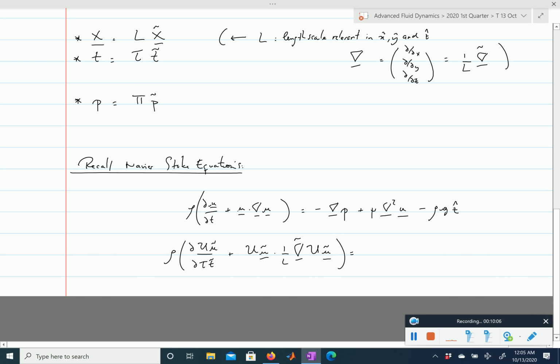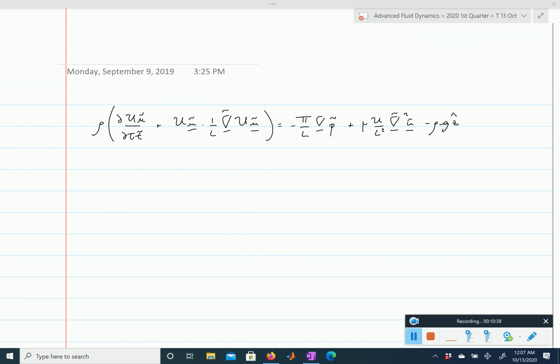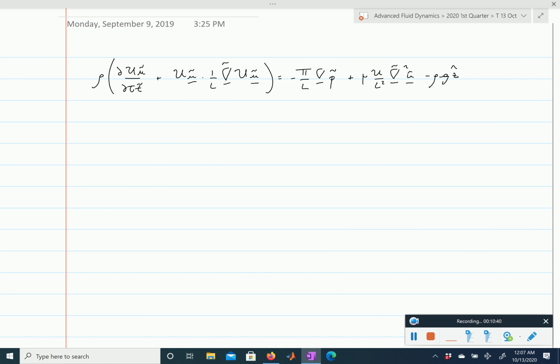And we do this for all of our terms. So the pressure term becomes our scale for pressure divided by L times the non-dimensional nabla times our non-dimensional pressure field. Our viscous term becomes mu characteristic scale u divided by L squared times our non-dimensional Laplacian of u, minus rho g z. So I can rewrite all of the different terms.